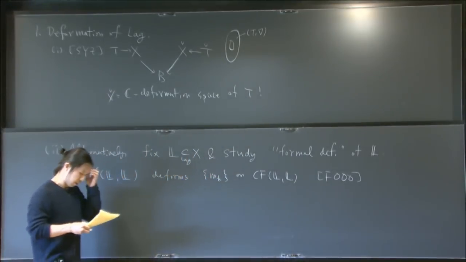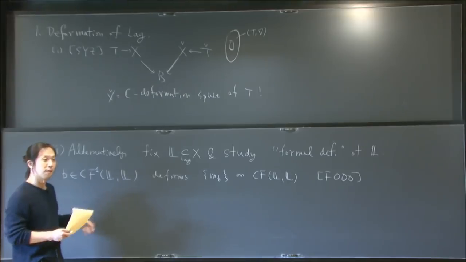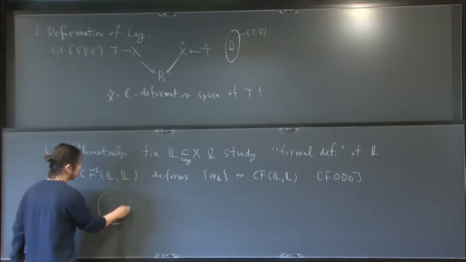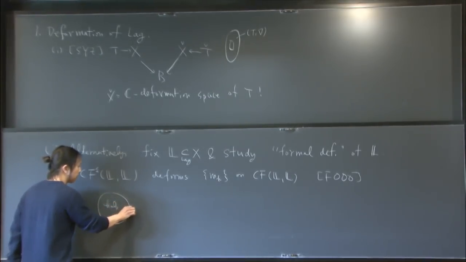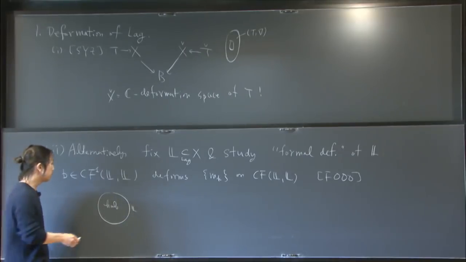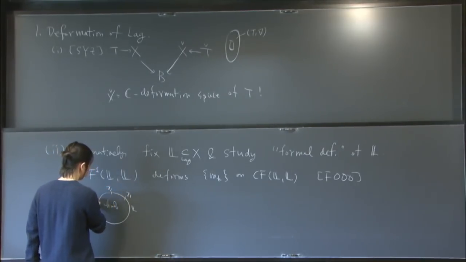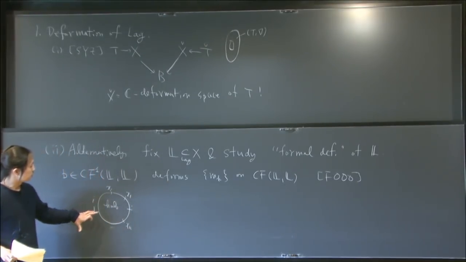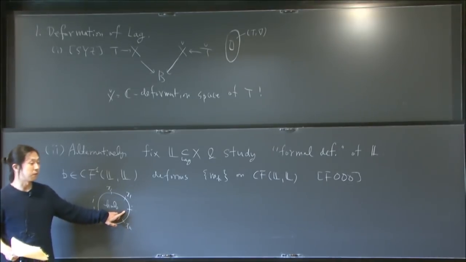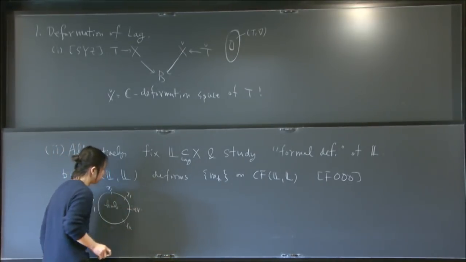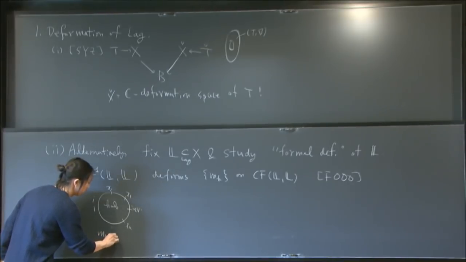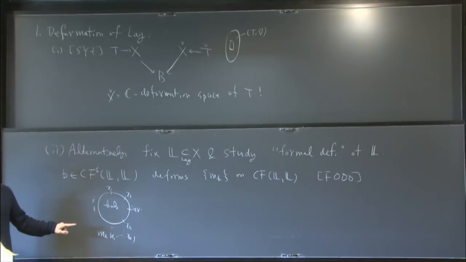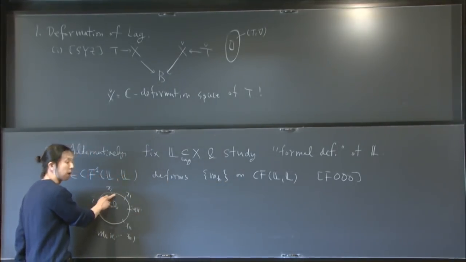Before deformation, the m_k structure is nothing but counting holomorphic disks with the following configuration. This is a holomorphic disk that bounds L, and then, for example, you have inputs x1, x2, up to xk, and you look at the image that these points sweep out. This is the evaluation, m_k of x1 through xk. But now, if you have this b of degree 1, then you can deform this structure by inserting more markings here and there.